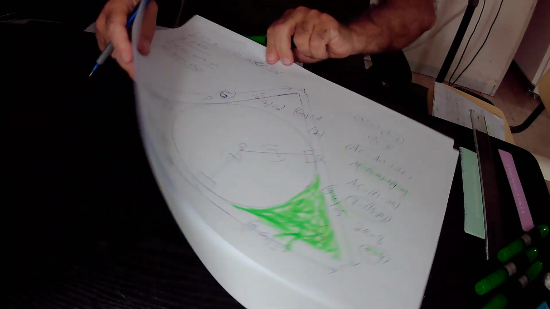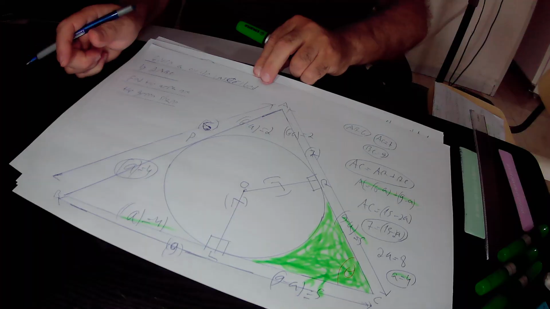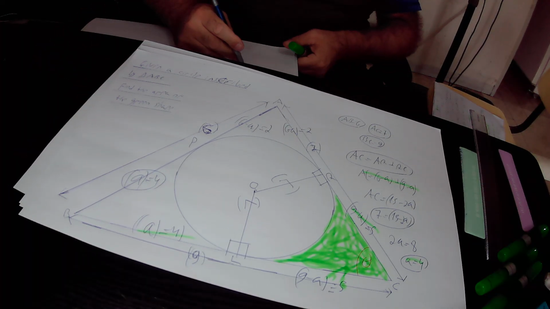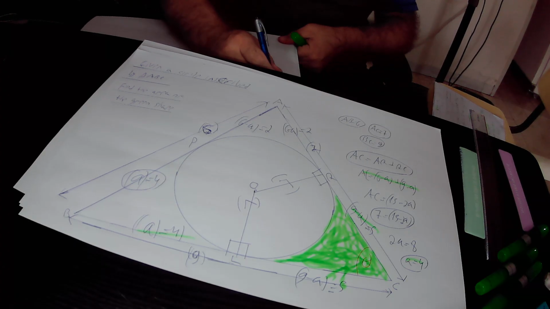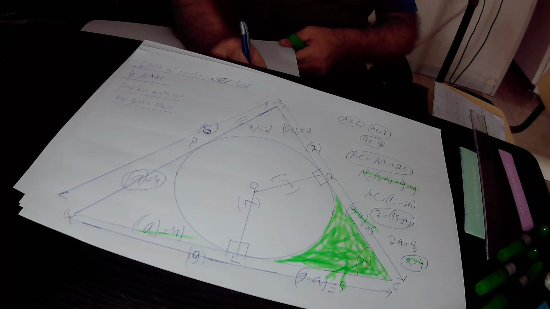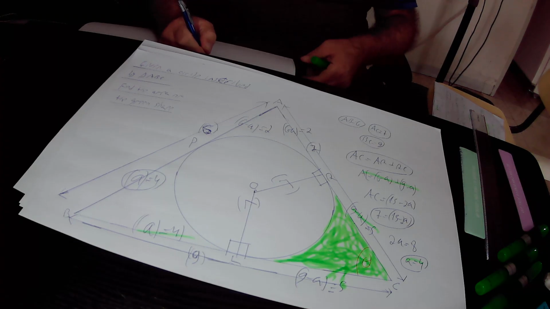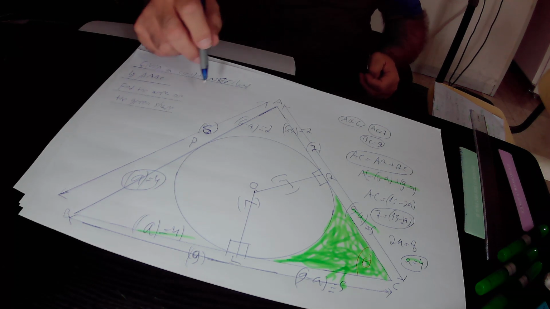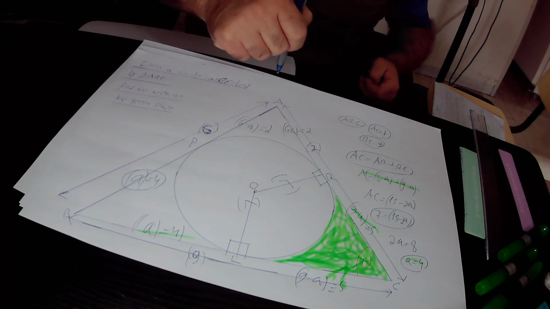In the next step, we'll find the semi-perimeter of this triangle, triangle ABC. The semi-perimeter of any triangle is equal to the perimeter over 2. The perimeter of any triangle is equal to the sum of the side lengths of the triangle. In this case, it is AB plus BC plus AC.